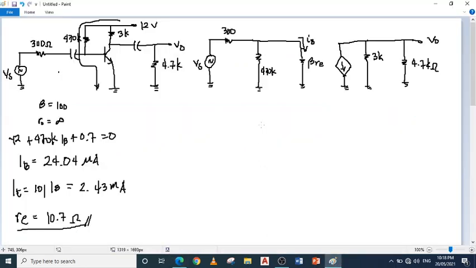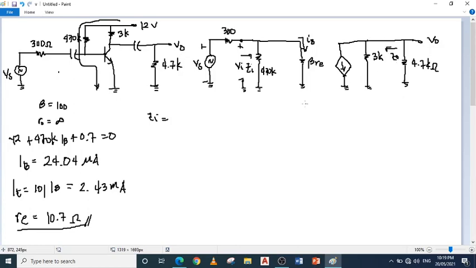To solve for ZI, this is our VS, but here is also our VI, positive and negative. Our ZI is seen looking at this side, and our ZO is this one.